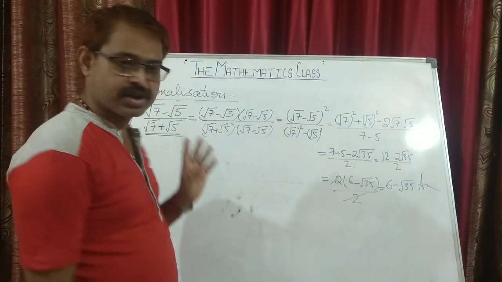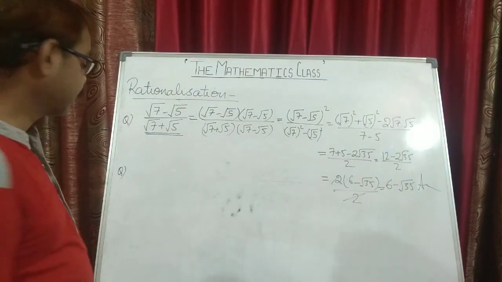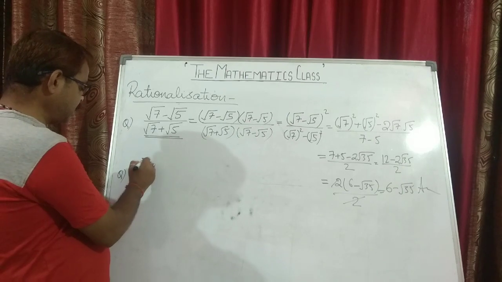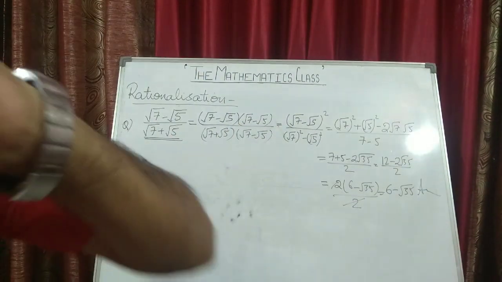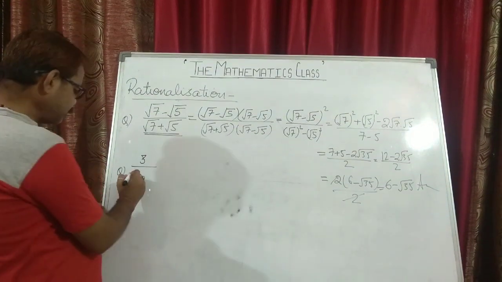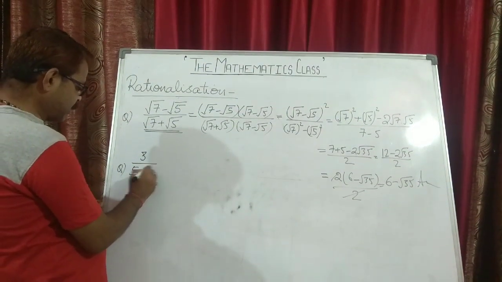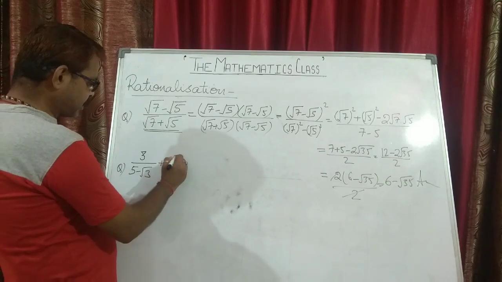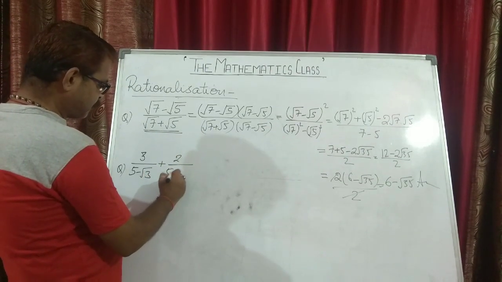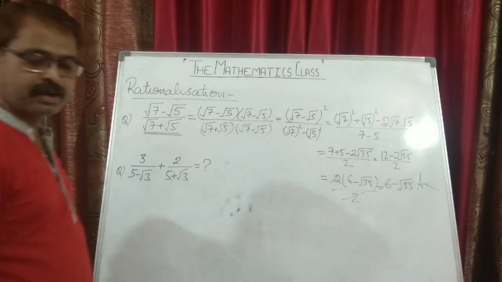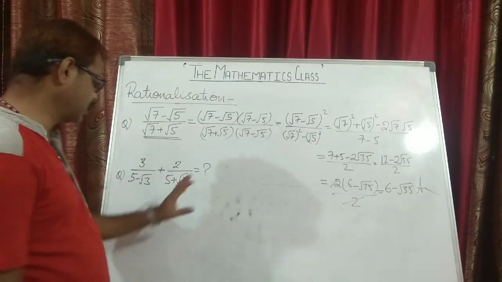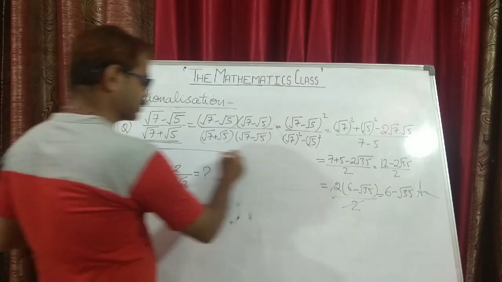Now one more question I will be taking, that is 3 upon 5 minus root 3 plus 2 upon 5 plus root 3. We have to simplify this, or find the solution of this.